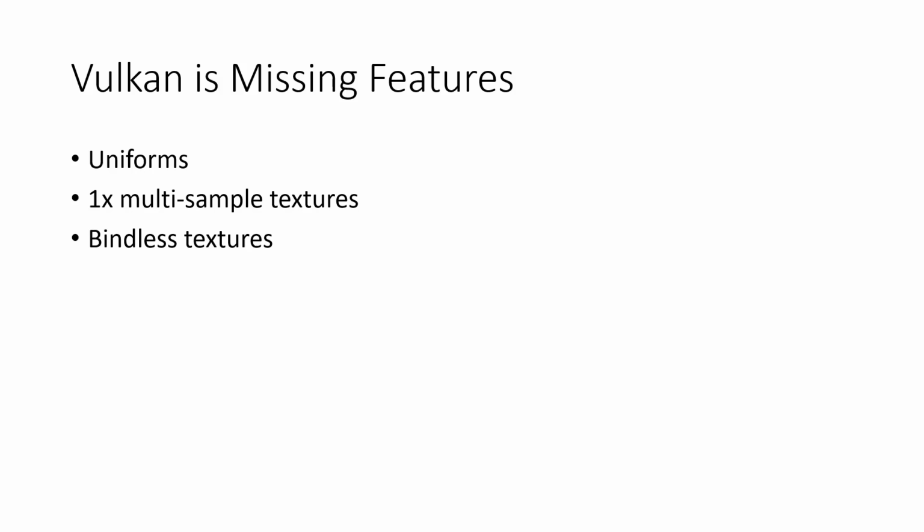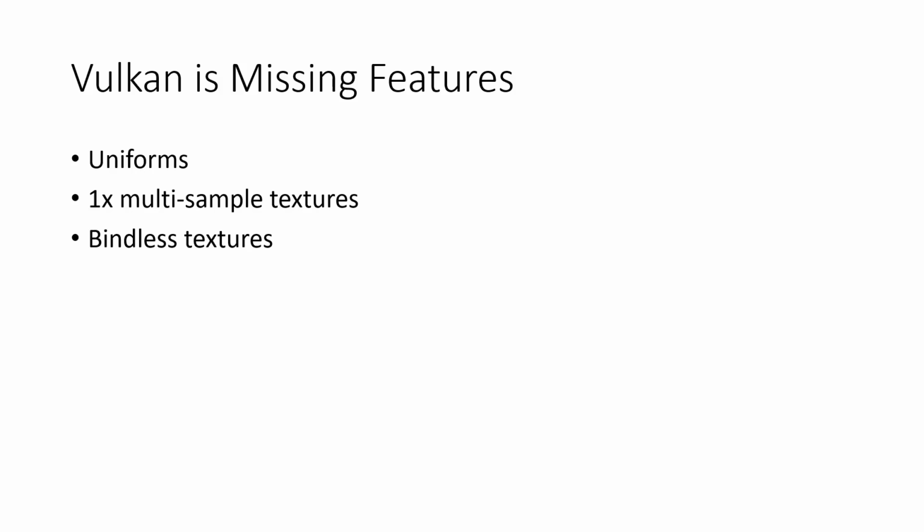Okay, so multi-sample textures are a little bit different from normal 2D textures. They have to be declared differently in the shader, and they only work with texel fetch instead of normal texture sampling. Vulkan supports 2x, 4x, 8x, 16x MSAA textures, but unlike OpenGL, they don't support 1x.